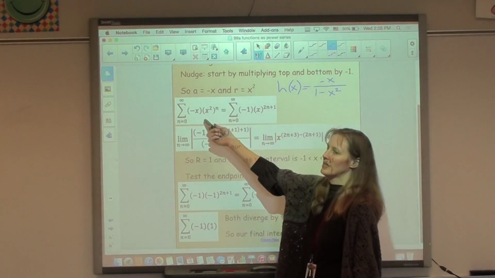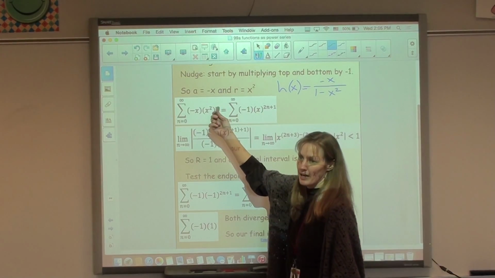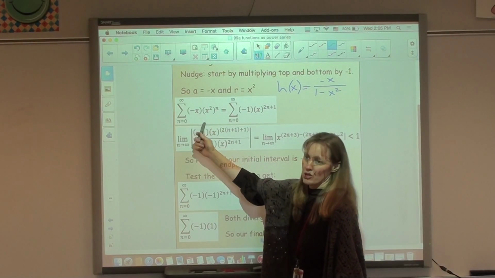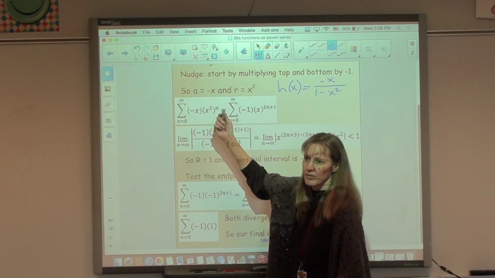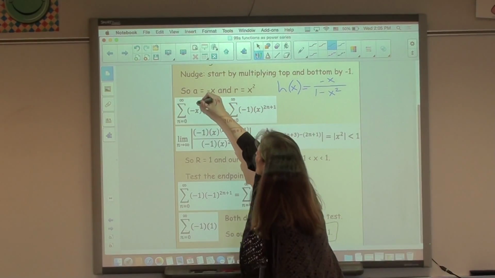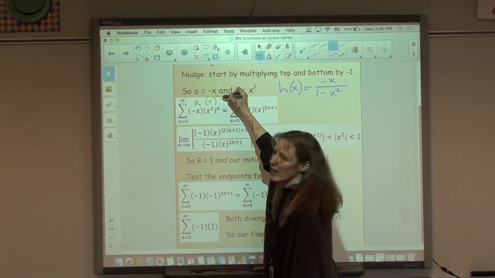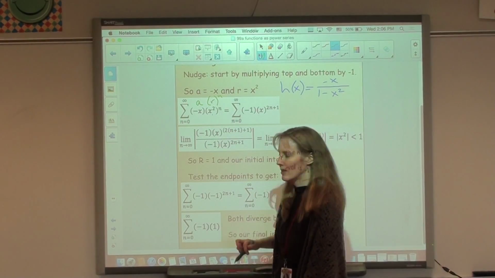So really, say x is a half, then we'd have -1/2 times 1/4 to the n. It's still geometric because x just represents numbers. You still have a times r to the n. Okay, but how did you know to test x squared? Because when you have a whole geometric series, a times r to the n, right? So that's your a, that's your r. Oh, okay. Yeah.